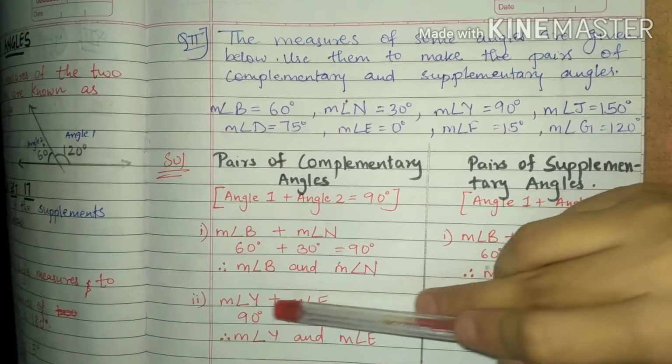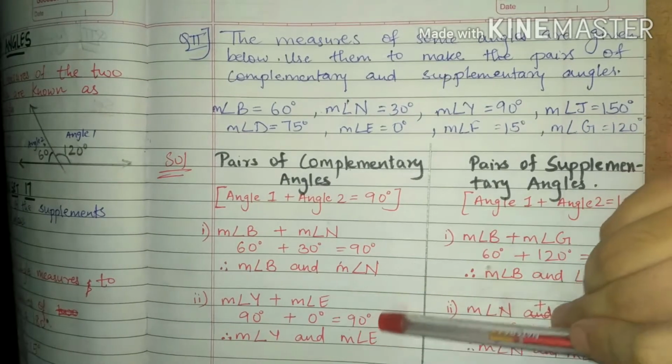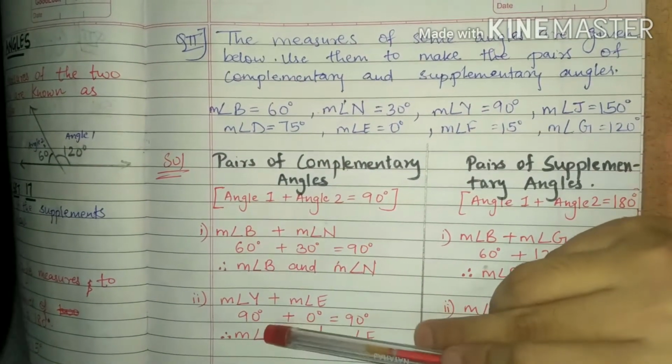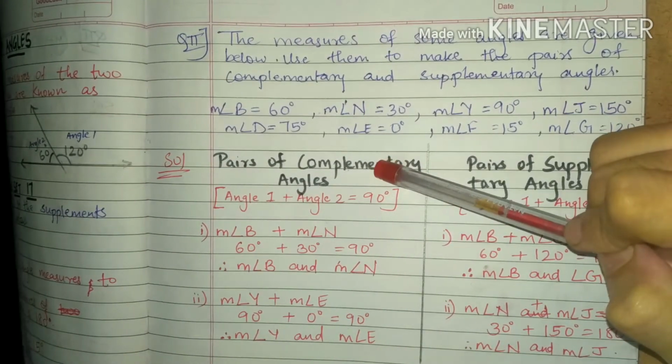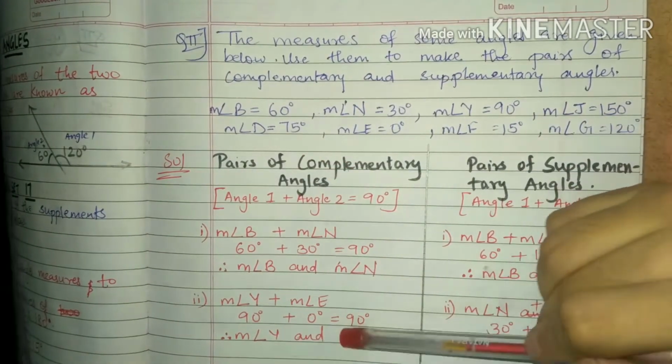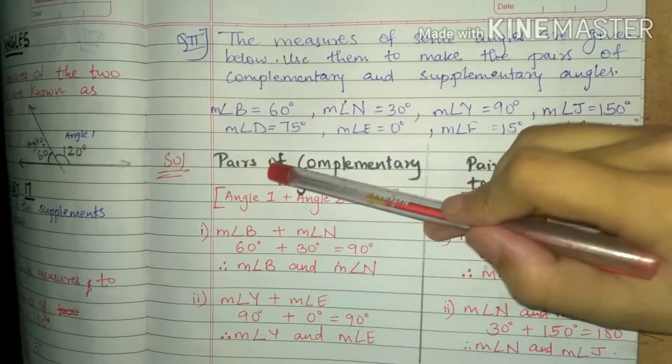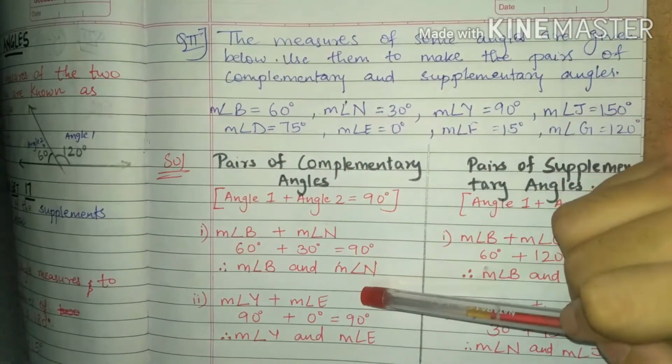The sum of the measures of these two angles is 90. It means measure of angle Y and measure of angle E form a pair of complementary angles.